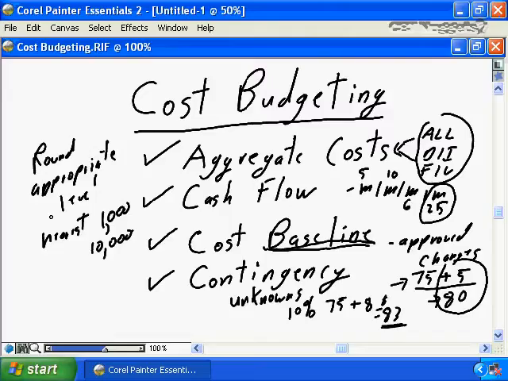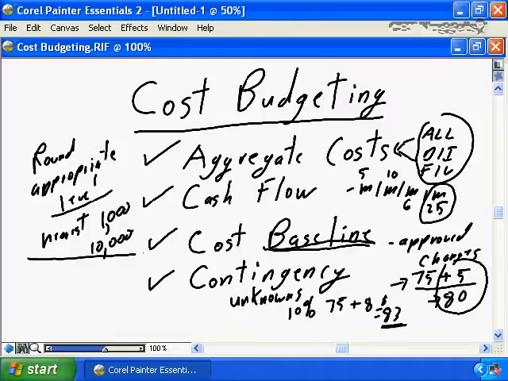So you need to round your budget appropriately. You need to present the information at a level that management is going to expect to see it, and that's certainly rounded at the thousands, tens of thousands, or maybe even $100,000 level depending on the size and magnitude of the project.